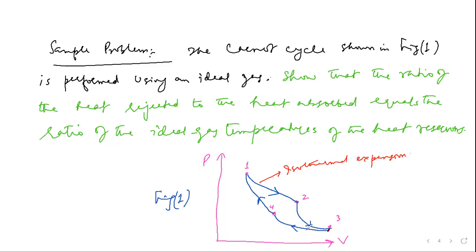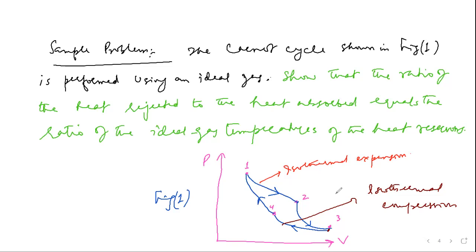Here work is being done on the gas, right? And this work takes place at the temperature of the cold reservoir Tc. Work is done on the gas, and that work done on the gas equals the heat rejected by the gas to the cold reservoir.